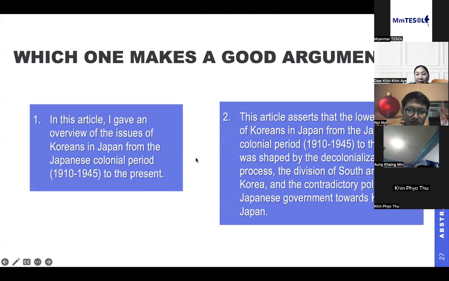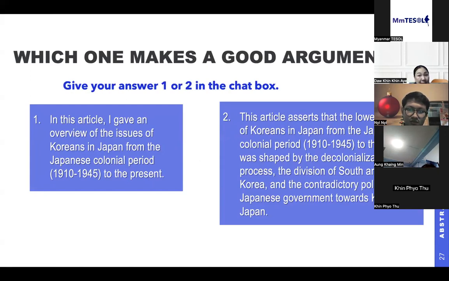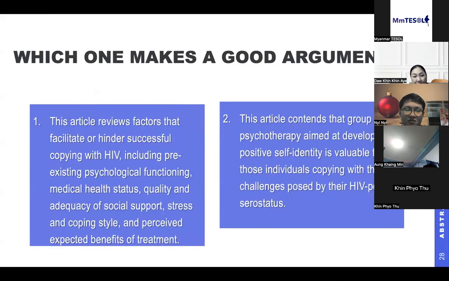Okay, now when you look at it here, you can see very clearly which one makes a good argument. I would like you to have a look at the writing itself so that you can emulate what you have seen. Okay, now next one. Which one?